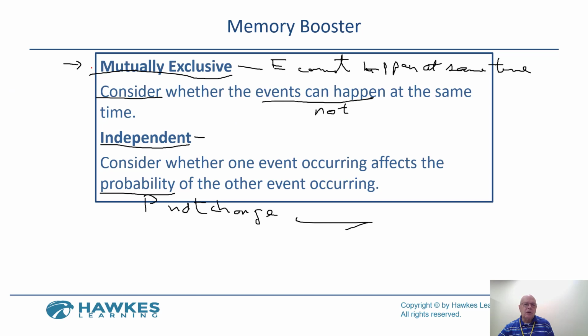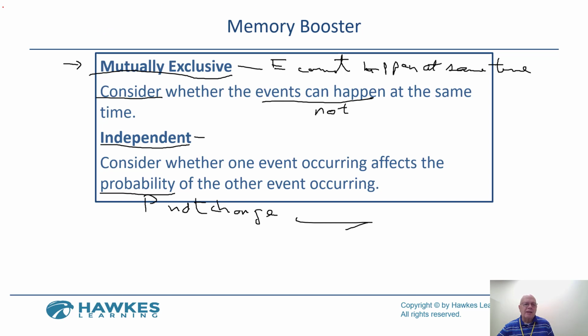Next, mutually exclusive versus independent. I think I might change the wording on this one. Mutually exclusive means you've got two events. In both of these definitions, we're talking about two events, one happening right after the other.